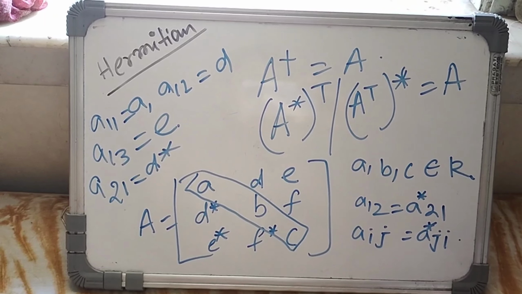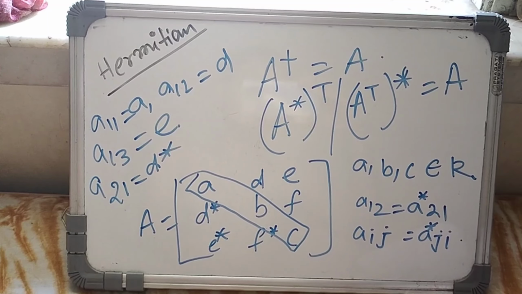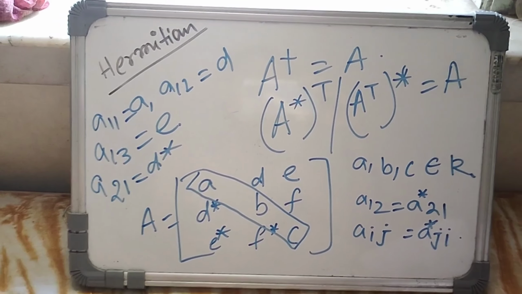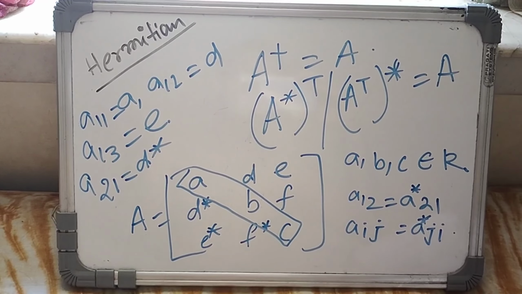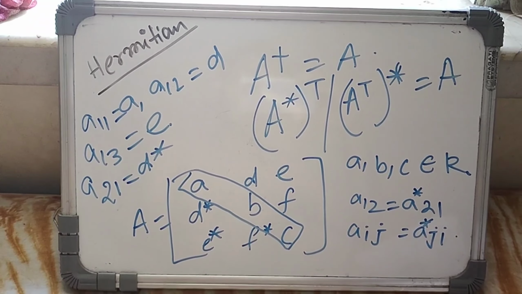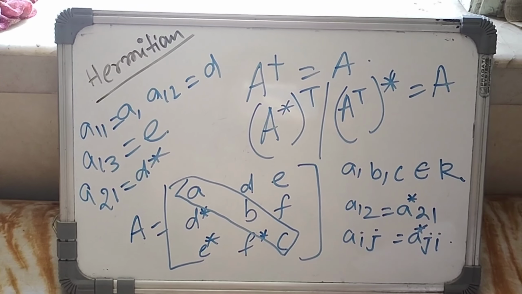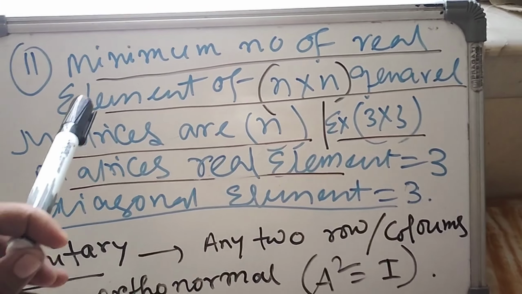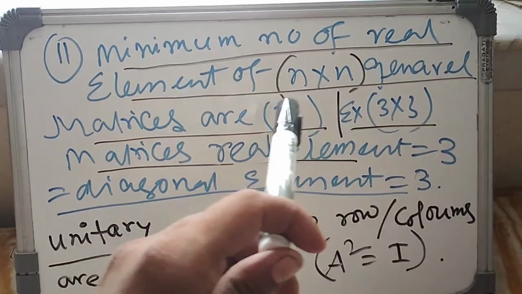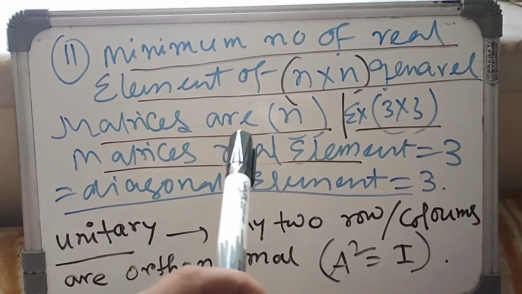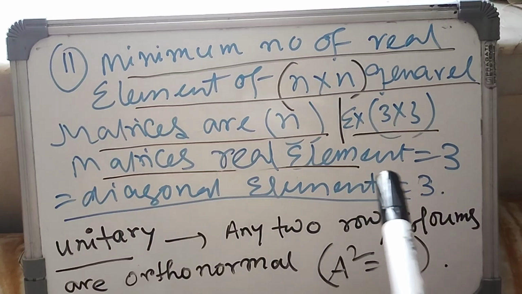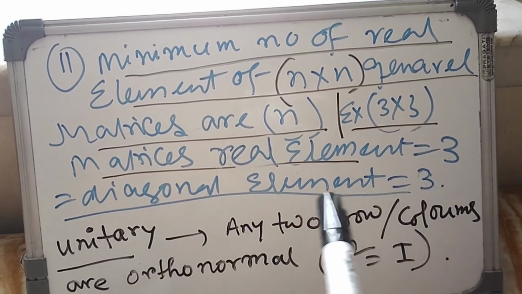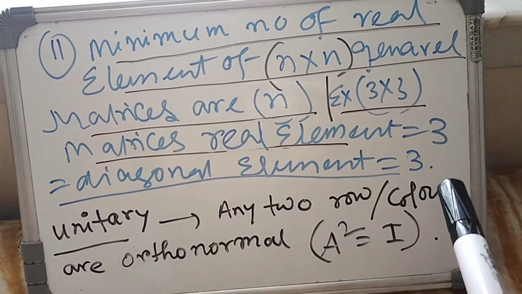The A13 element E is the complex conjugate of the A31 element. So we can conclude that for a Hermitian matrix, the diagonal elements are real and the off diagonal elements are complex conjugates of each other. So the minimum number of real elements of an n cross n general matrix is n. So for a 3 by 3 Hermitian matrix, the real elements number 3, which are the diagonal elements.